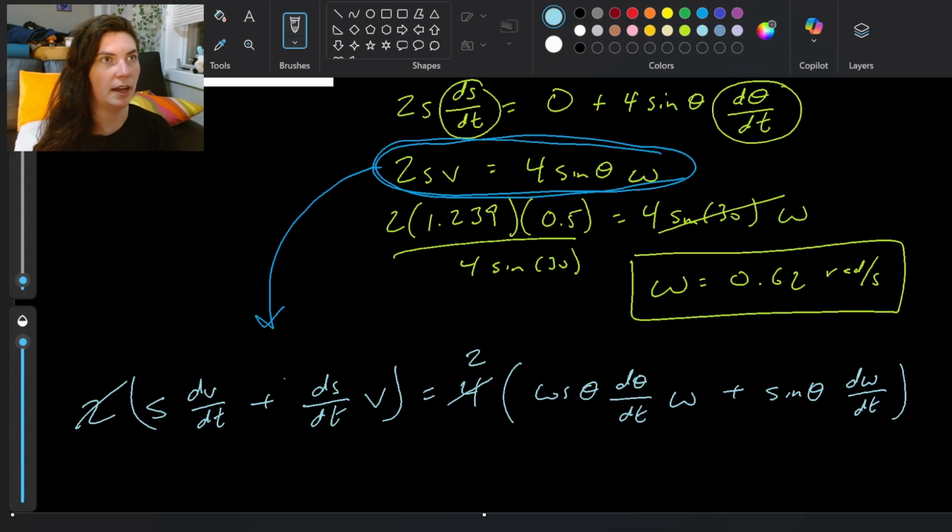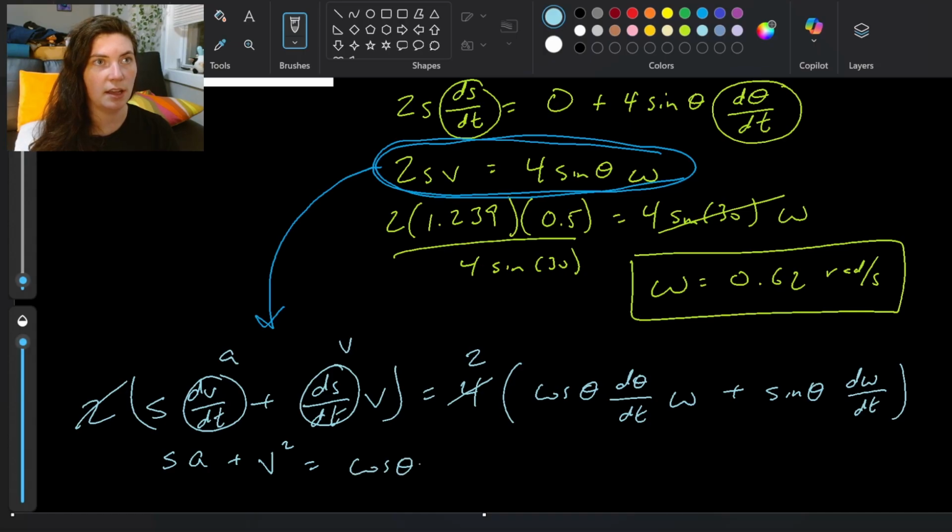And then I can simplify this sum. So I've got s times dv dt, we know that's acceleration, plus ds dt, we know that's velocity. So this guy becomes acceleration, this guy becomes velocity, so I get velocity squared, equals my cosine theta times d theta dt, we know that's just omega again.